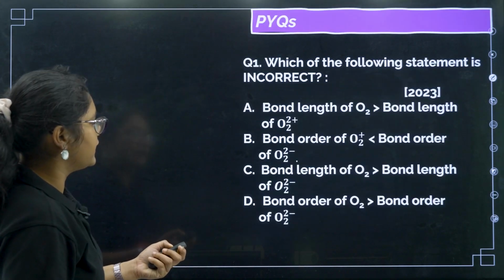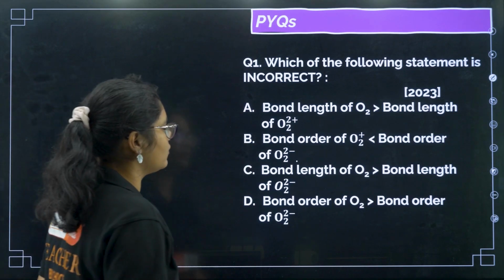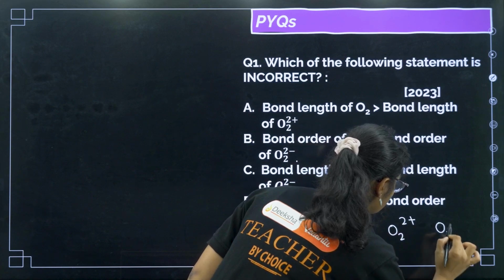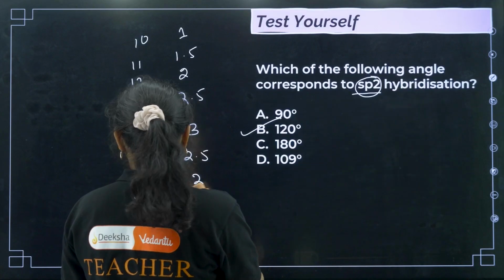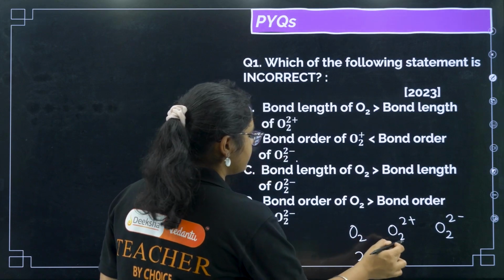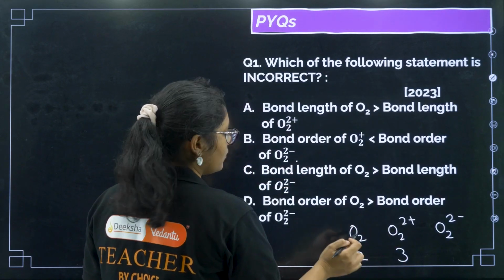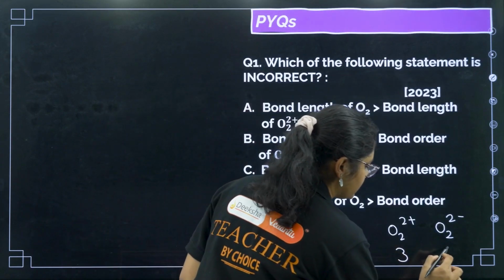Now the question is asking for O2, O2 2 plus and O2 2 minus. For O2, 8 plus 8 is 16, so for 16 it is 2. For 14 it will be 3, so O2 2 plus is 3, and for O2 2 minus, that is 8 plus 8, 16, plus 2, 18, so it is 1.